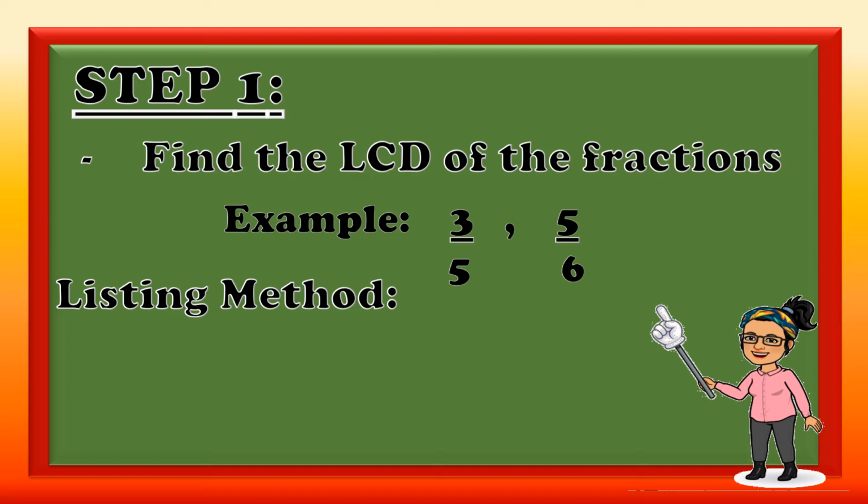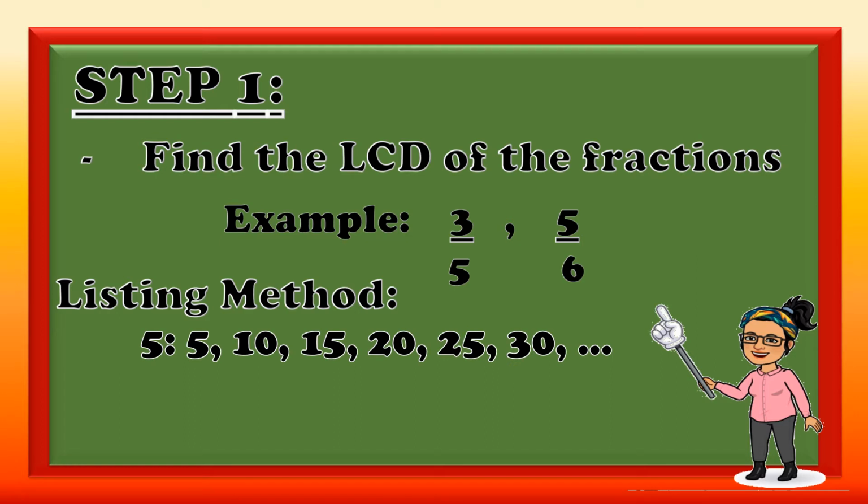Multiples of 5: 5, 10, 15, 20, 25, 30, and so on. For 6, we have 6, 12, 18, 24, and 30. The least common multiple of the denominators is 30. So our LCD is 30. Did you get that? Okay, good job.